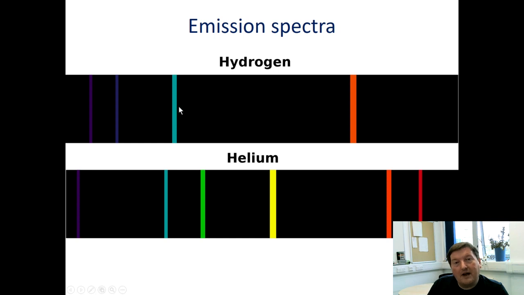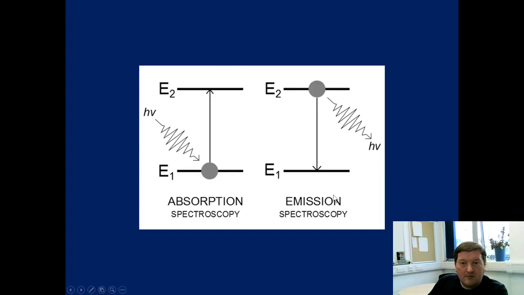With hydrogen, which only has one electron, the pattern you get is quite simple. The electron can jump from its ground state to a few energy levels beyond that, but there's only one electron, so there won't be too many lines in the spectrum. In fact, the line corresponds to an electron dropping back, because it's emission. So this is the emission spectrum.